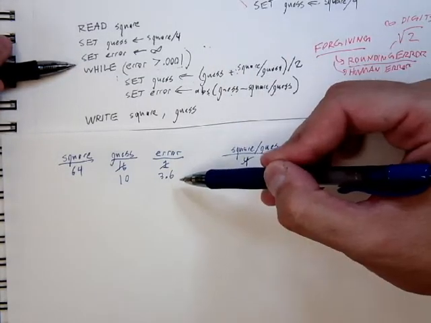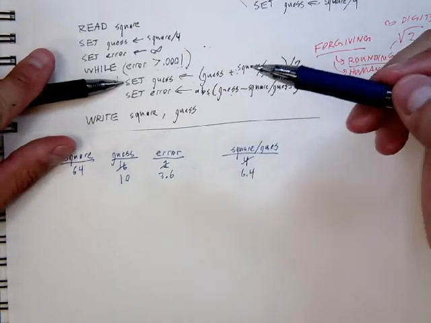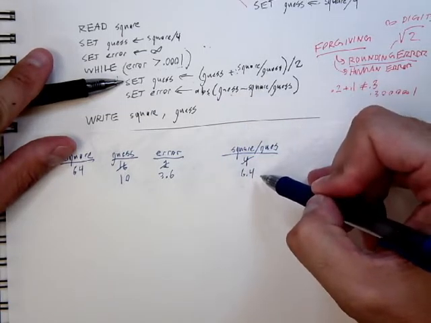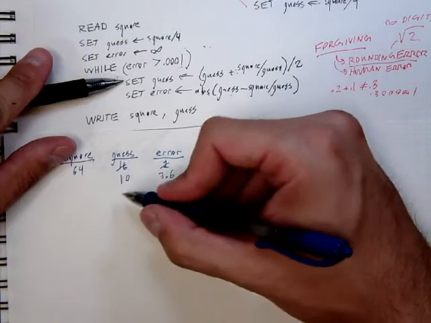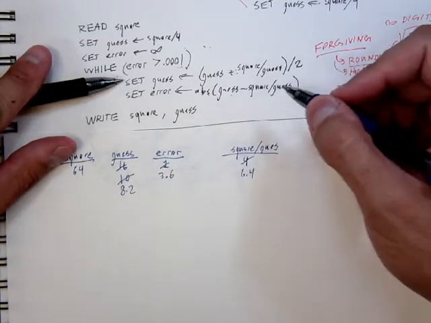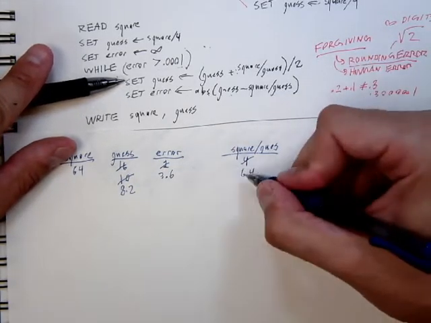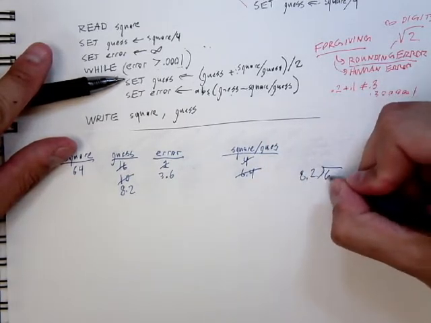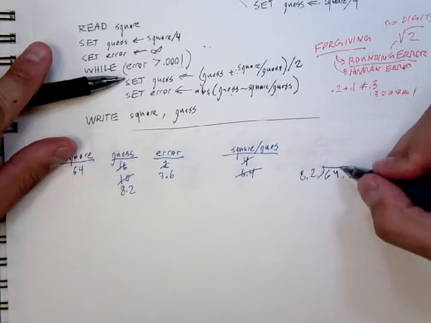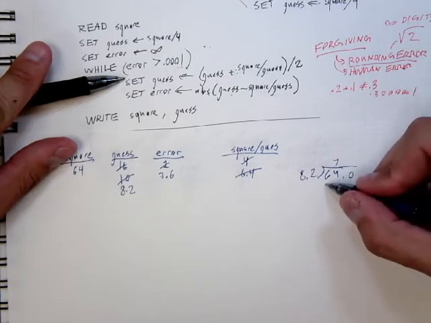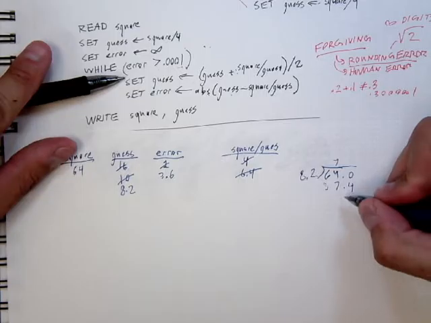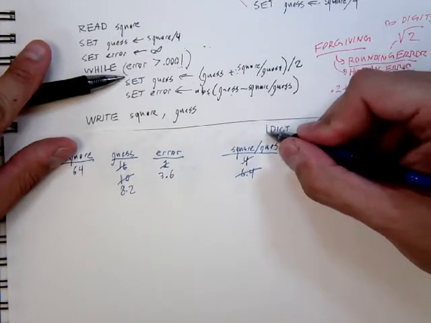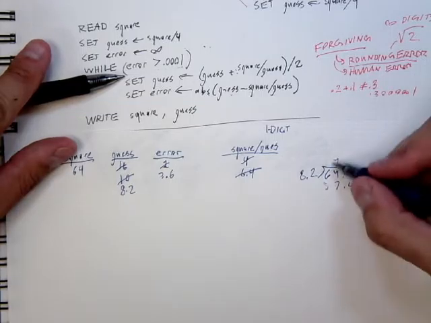The error is not below the tolerance, so I need to update guess. So guess becomes guess plus square over guess divided by 2. So that's half of 16.4, and that is 8.2. Once I update guess, square over guess changes. So I'm only going to use one digit because otherwise I don't know how far it'll go.